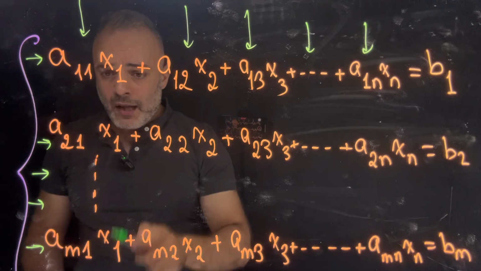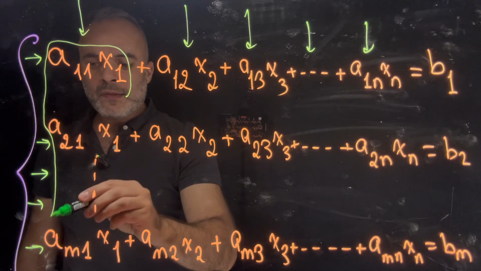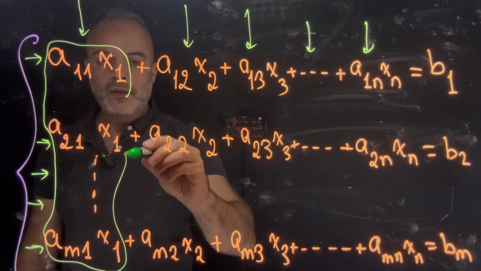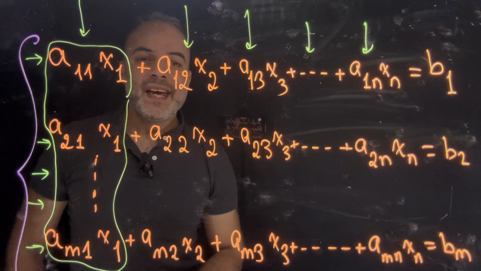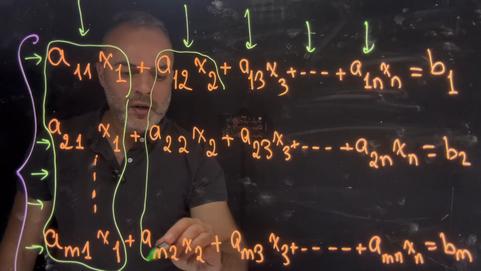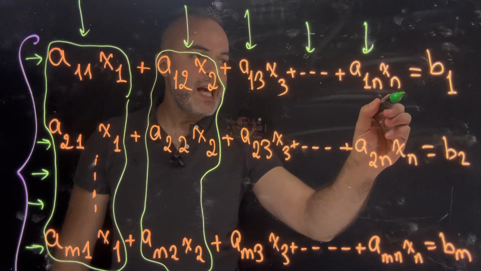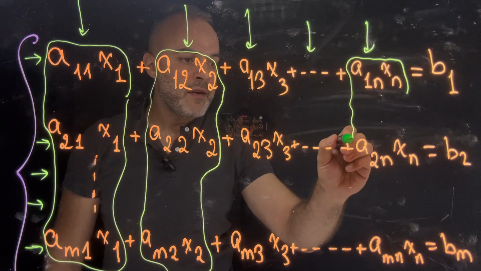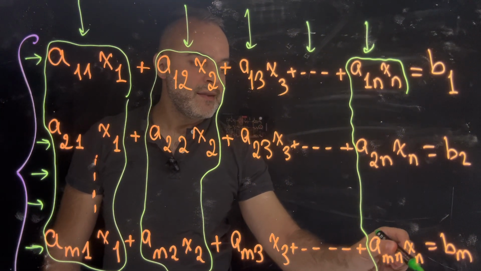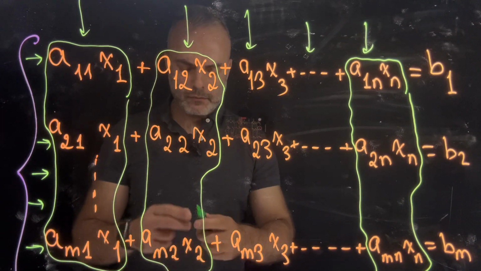The first column is the column which contains all the terms which have x1. You see? The second column is that which contains all terms that have x2 and so on, right? The last column will contain all the terms which contain the xn's.